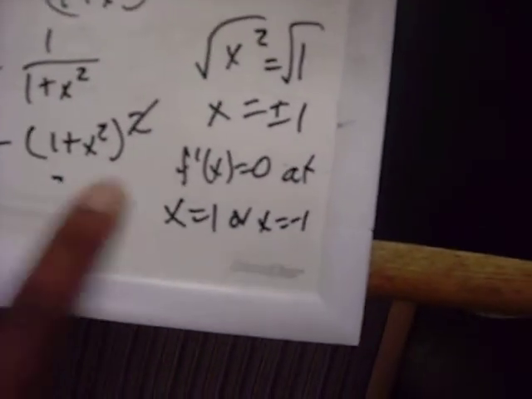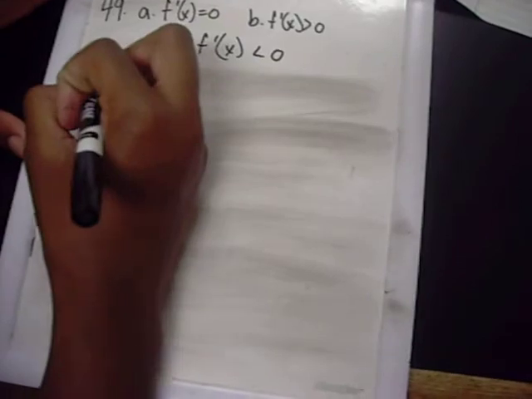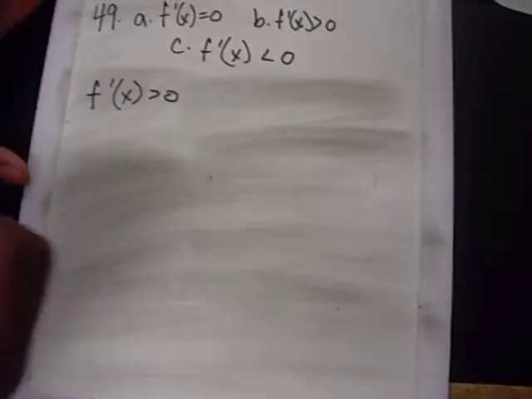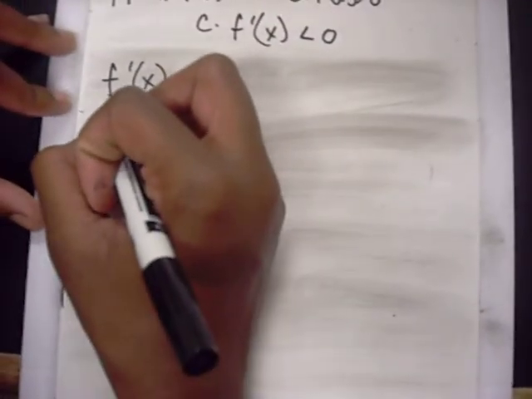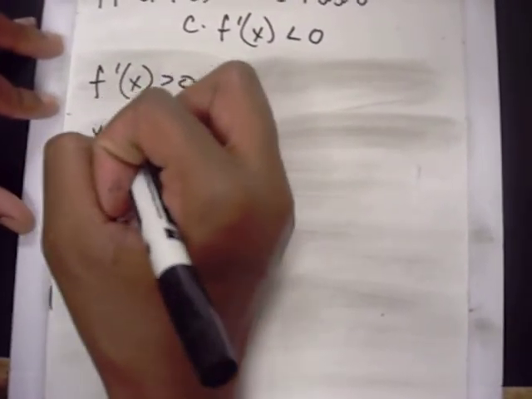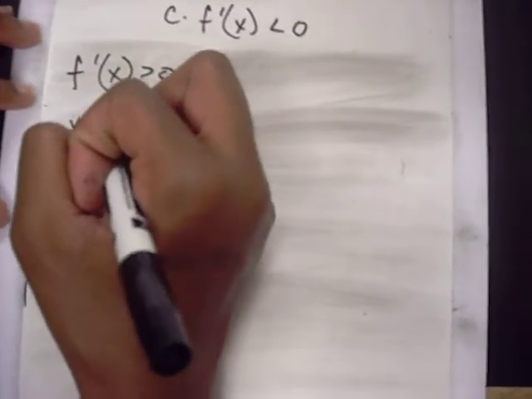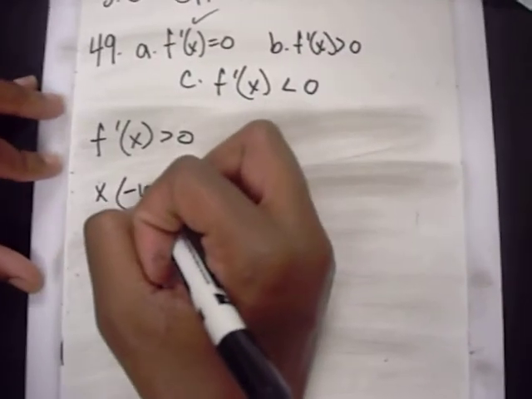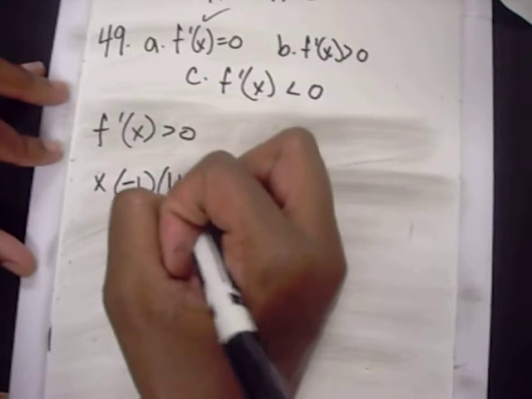Now for the second part of the problem, we have to find where f prime of x is greater than 0. So basically you do the same thing, and you have your derivative, which is first times negative 1 times 1 plus x squared.